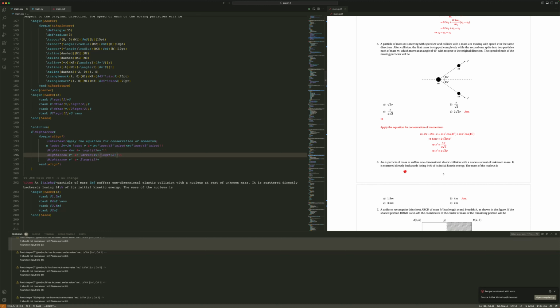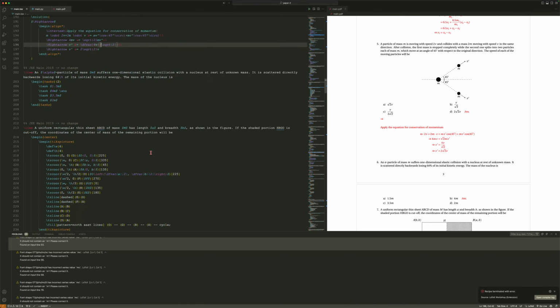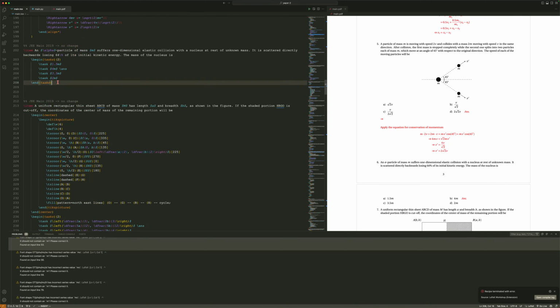Yeah, now it's right, because cos 45 will provide 1 upon root 2, and both will combine, which will provide 2 into 1 upon root 2, which will again output as root 2. So V dash will be 2 root 2 V. So yeah, it's fine. Let's move on to question number 6.